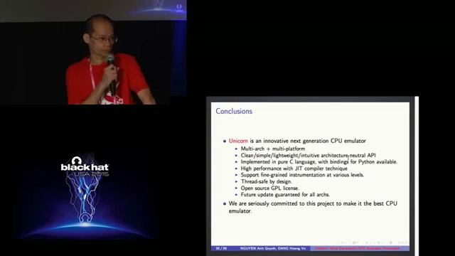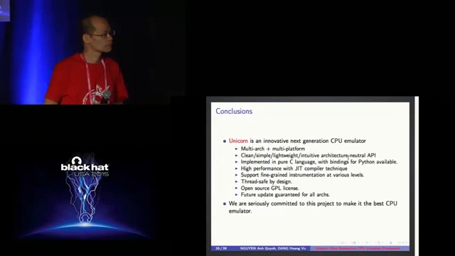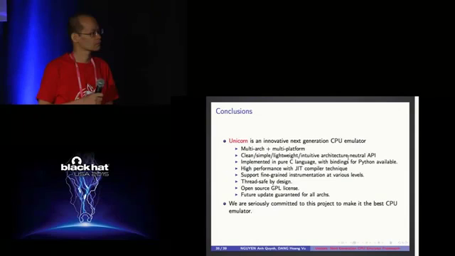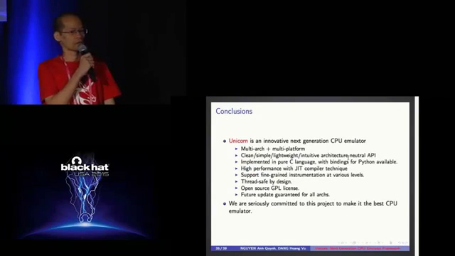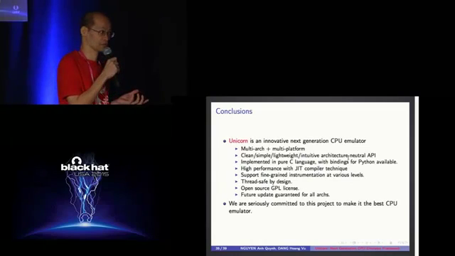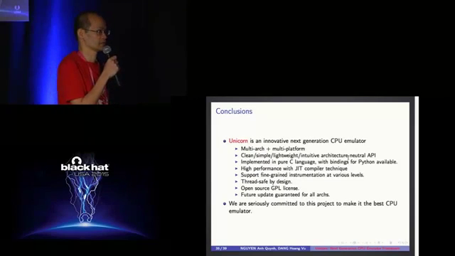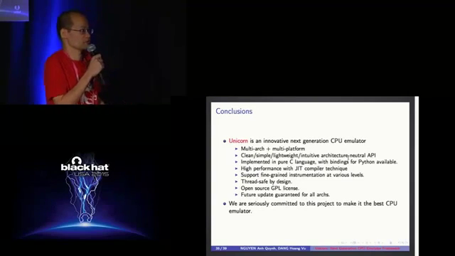Do you expose in your API the ability to set the length of the instruction decoding pipeline? No. So far you can see that the API is very simple. It only allows you to emulate the code, that's it. And we try to keep it very simple.